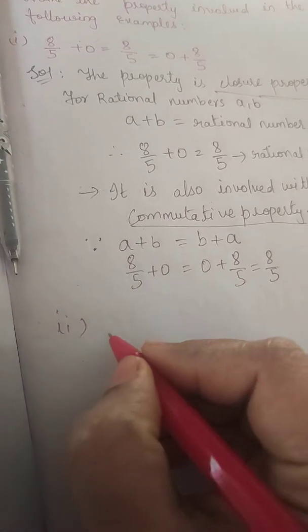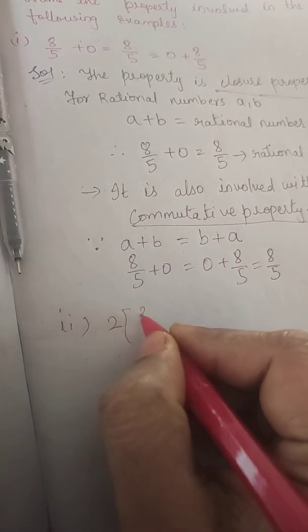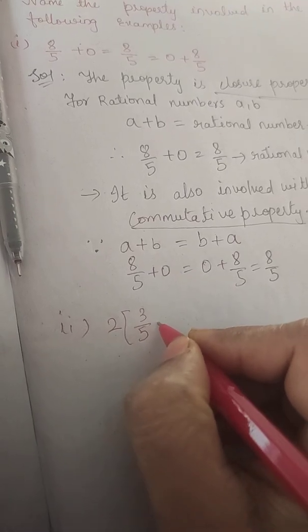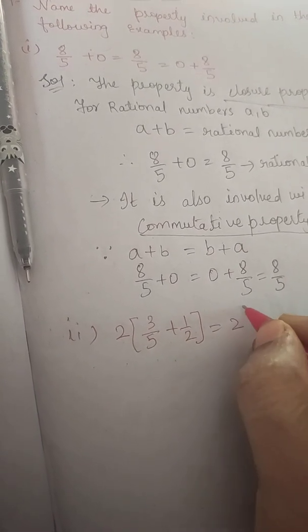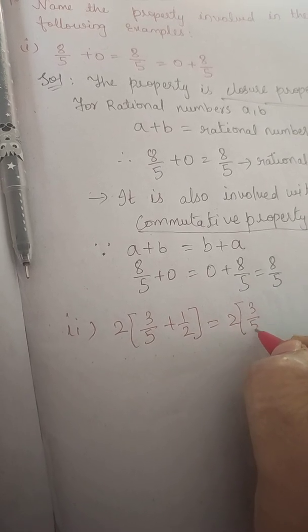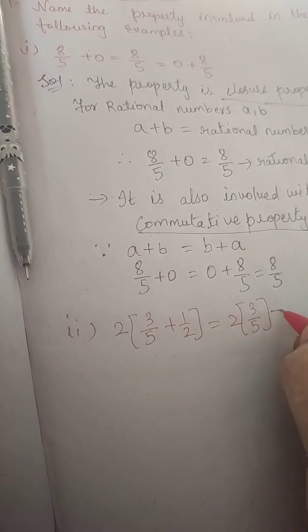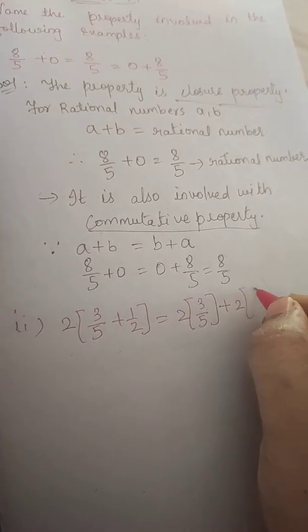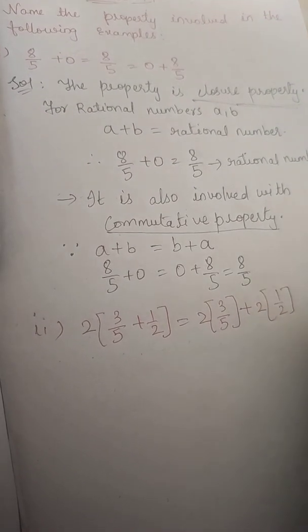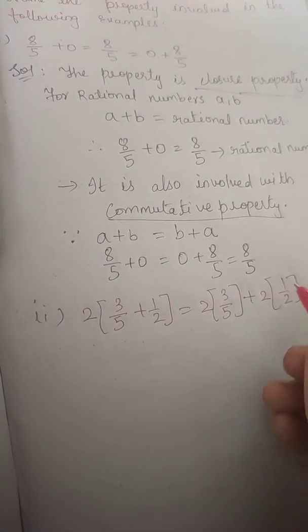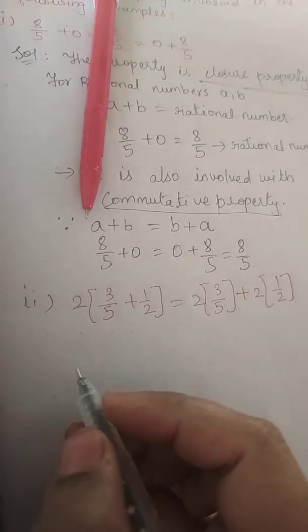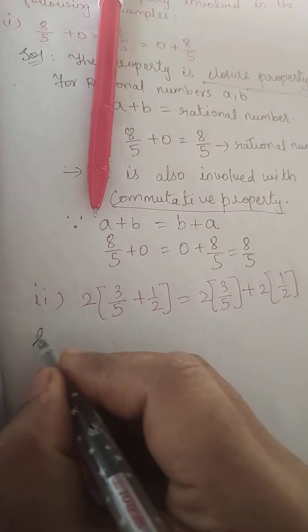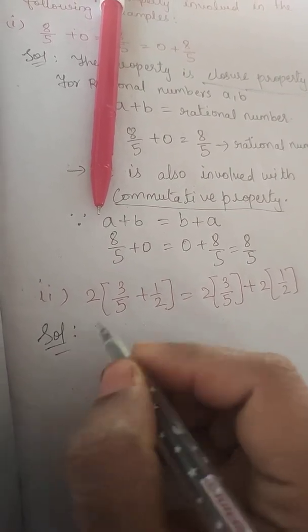Next question is 2 into 3 by 5 plus 1 by 2 is equal to 2 into 3 by 5 plus 2 into 1 by 2. Here we are expanding. By seeing we can understand that this is under distributive property. Solution.